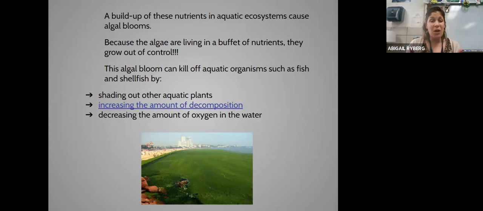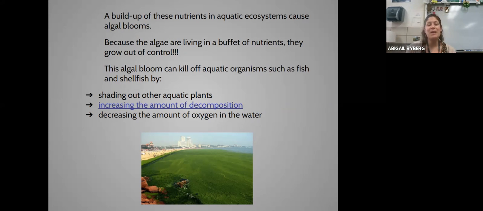All that dead stuff, and frankly, the dead algae as it slowly dies, creates a huge amount of decomposition, which feeds tons of bacteria, right? So all those dead plants, the dead organisms, the dead algae just breed bacteria.